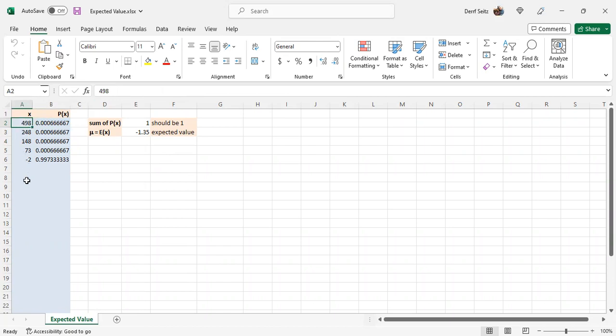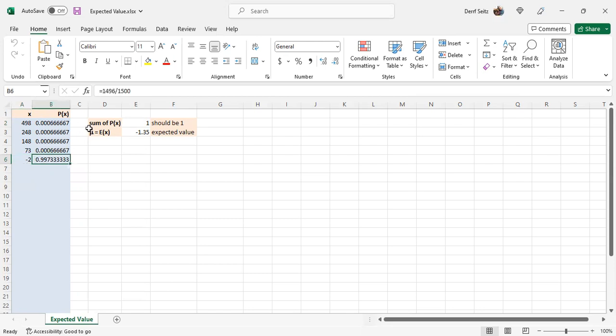Why does it say $498 here in this data? Because the price of each ticket is $2. If you pay $2 for a ticket and you lose, then your outcome, your profit, is -2.